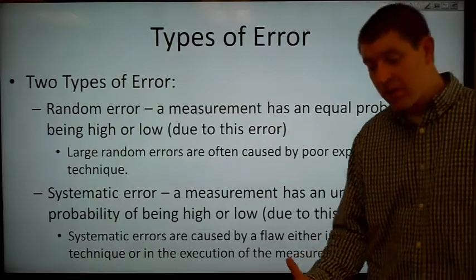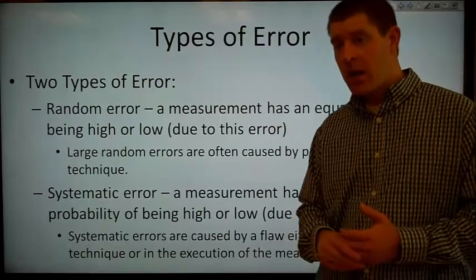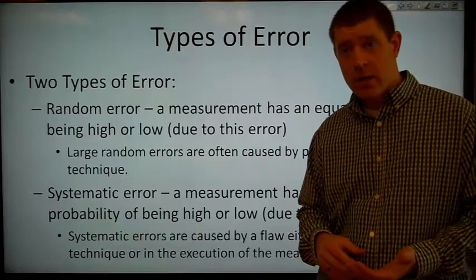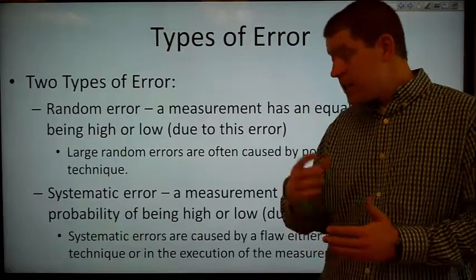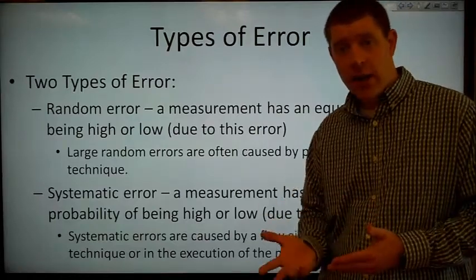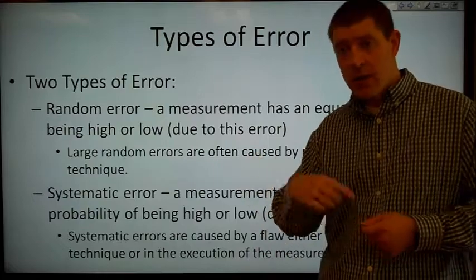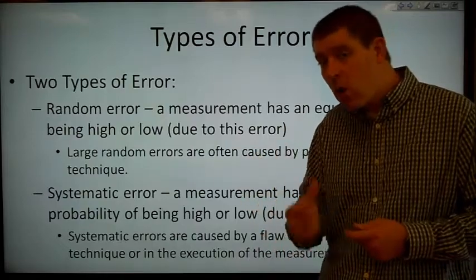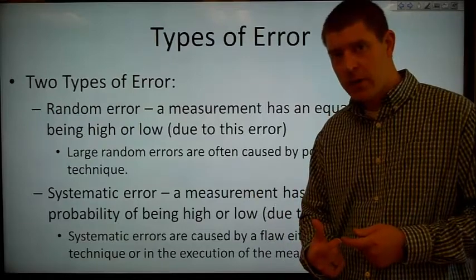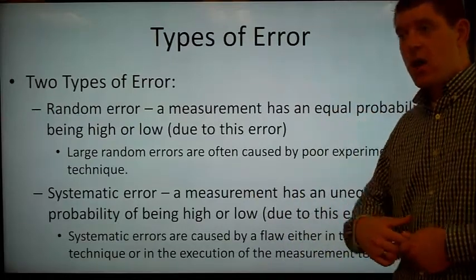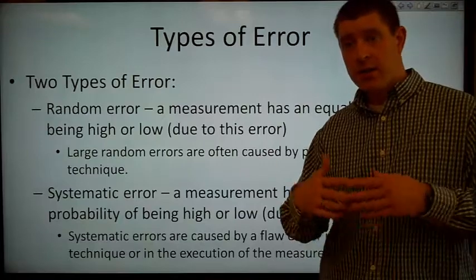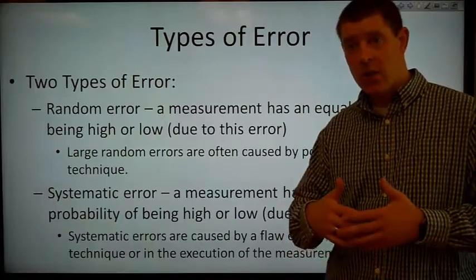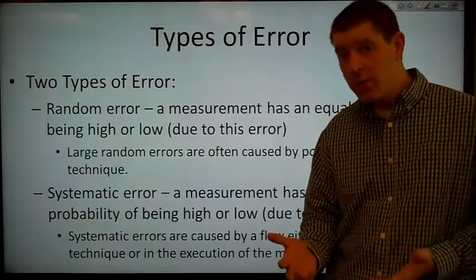So if I have, say, a balance that is not calibrated correctly, let's say it will always give us low values. Well, every time I put an object on the balance to measure the mass, I'll always be getting a low value.